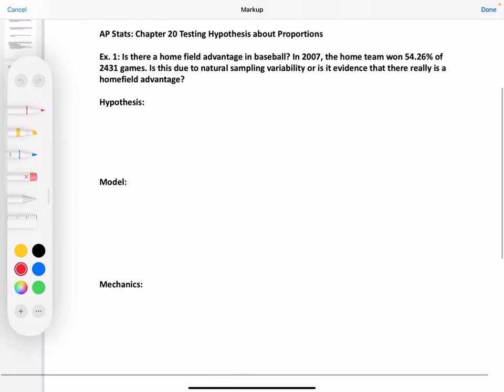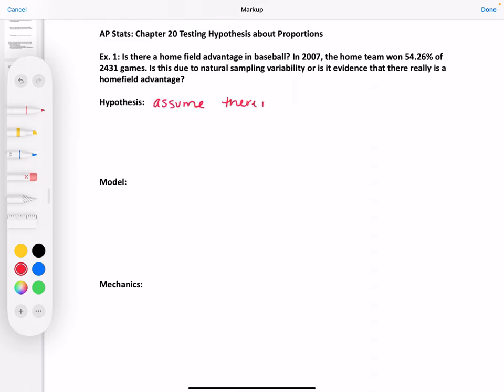So the hypothesis, basically in words, we're going to assume there is no advantage. And P is going to be the proportion of games won. So our null hypothesis is going to be that P is equal to 0.5, because obviously there's home and away.